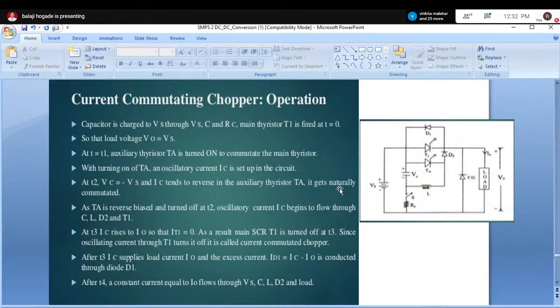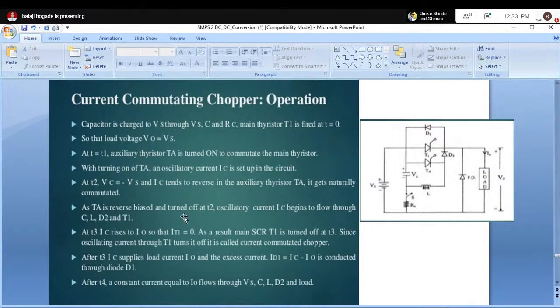Because a sinusoidal waveform is generated by L and C, the voltage polarities are bound to be reversed. The minus terminal will be here and the plus terminal here. That means the SCR is reverse biased.